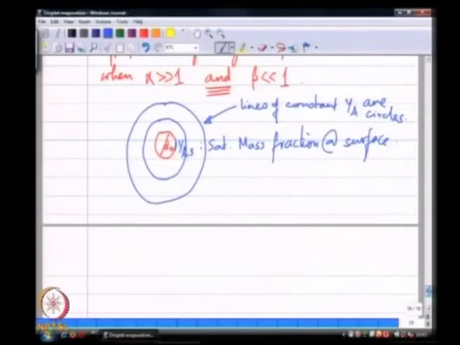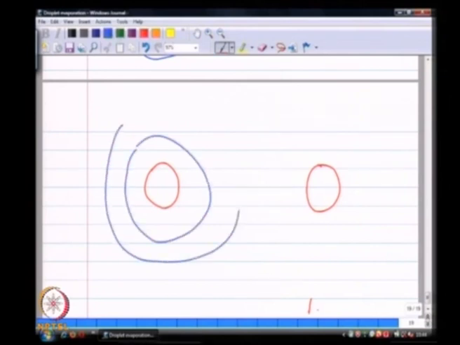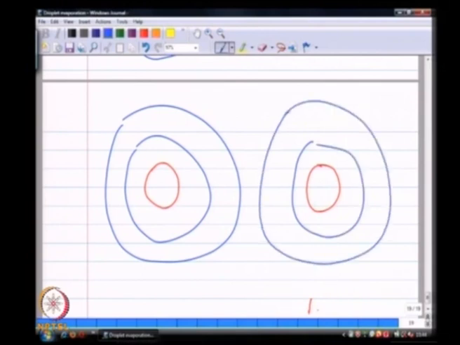If I take two droplets and do the same exact thing, I take one droplet here, the lines of constant Ya are still circles around each drop, and these are decreasing Ya.